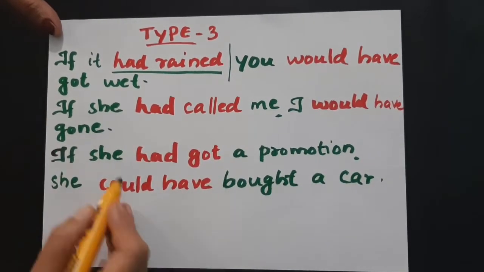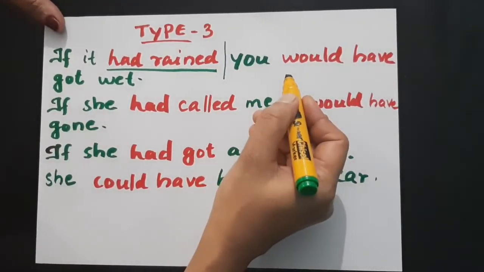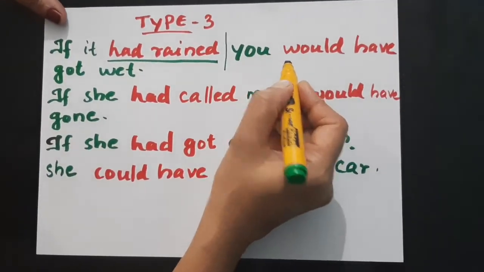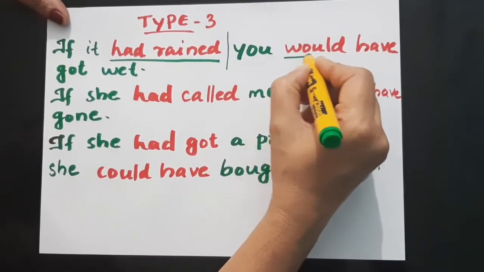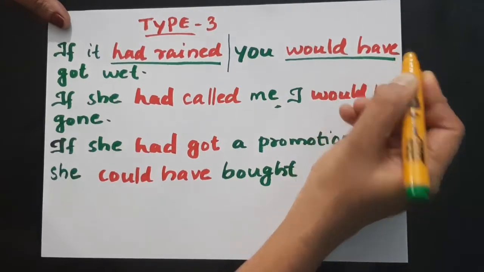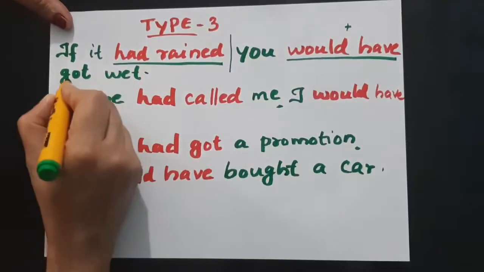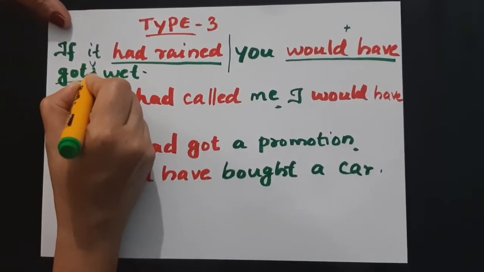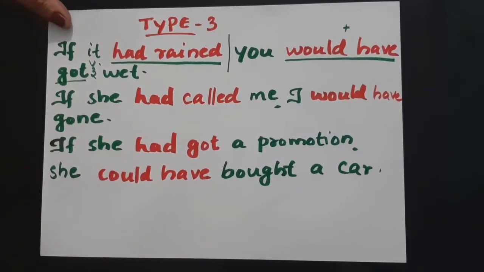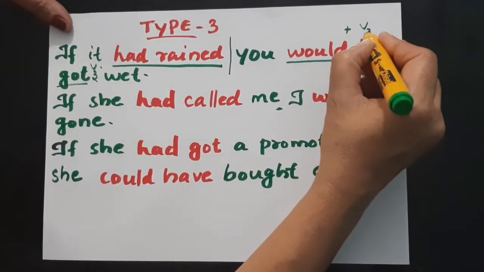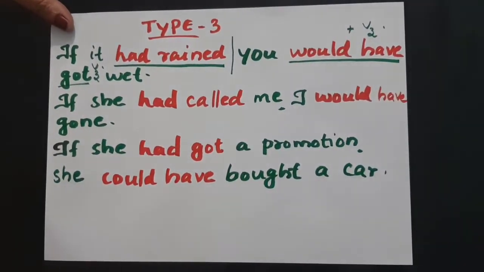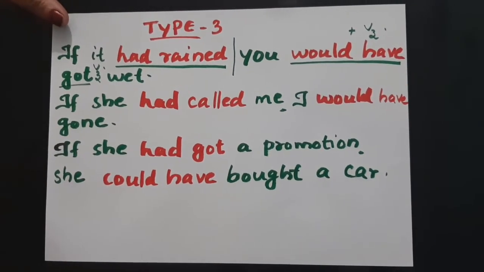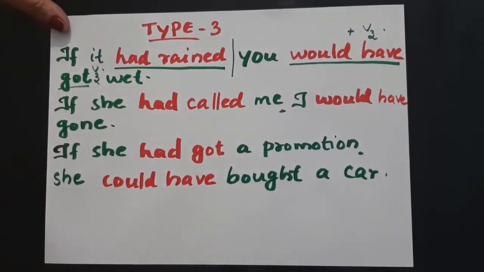And in the result clause, along with the subject, would have plus V3. Would have plus V3 form of the verb. That is the structural format of type 3 conditionals.